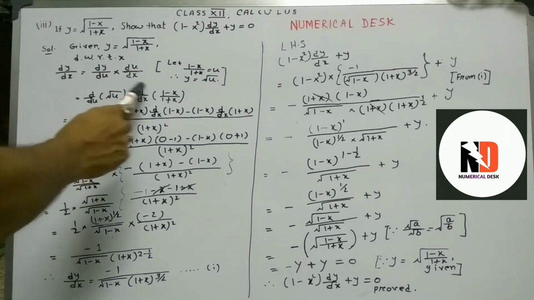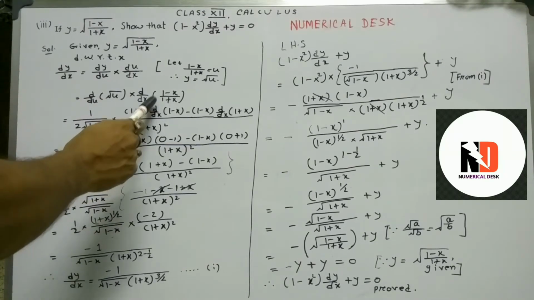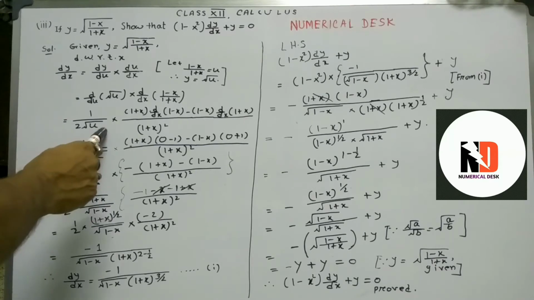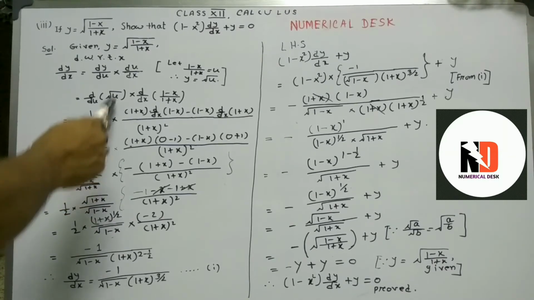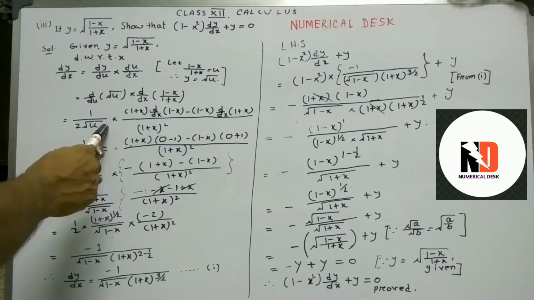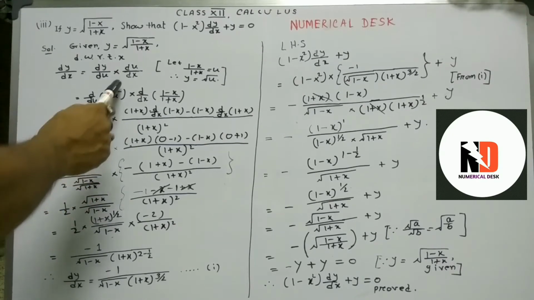So it becomes the chain rule, dy by du into du by dx. Now dy by du is 1 by 2 root u, because you already know that d by dx of root x equals 1 by 2 root x.